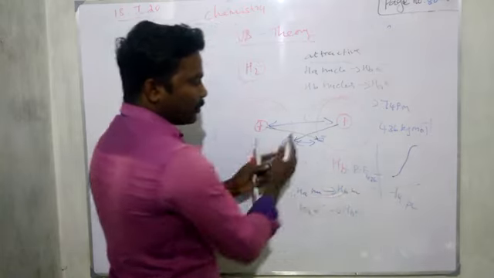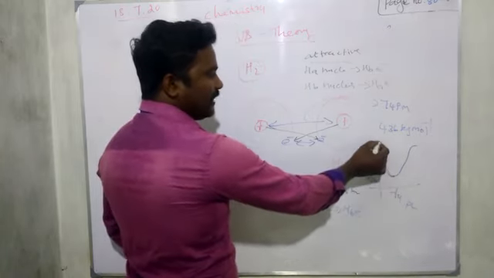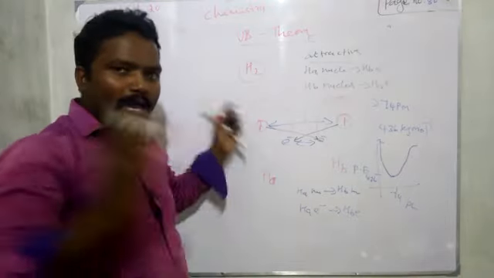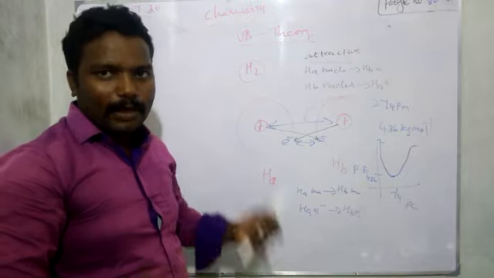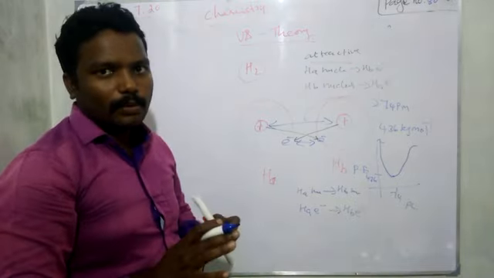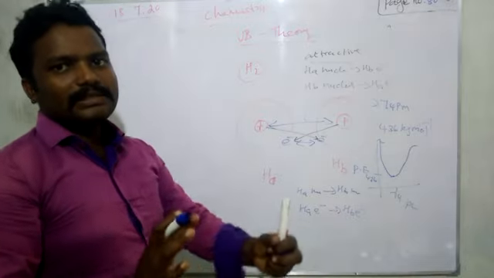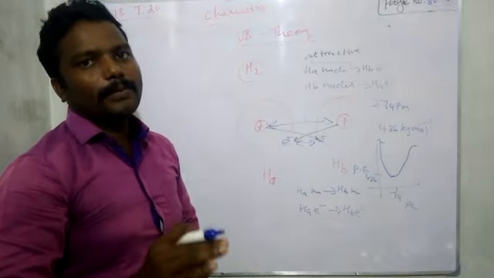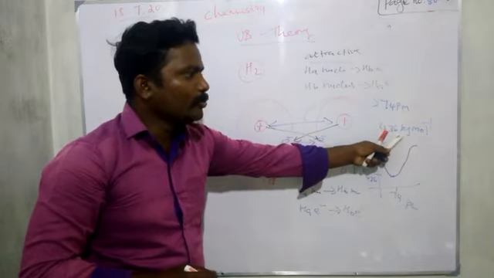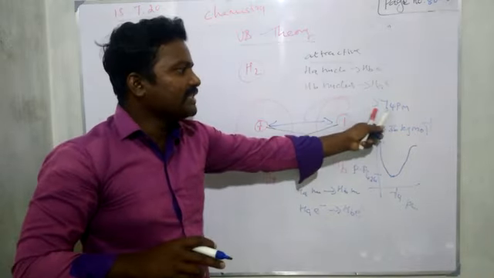Again if you go closer, the potential energy will increase, they will repel each other. When they are far away there is no repulsion, no attraction. When they go closer, repulsion will come. So when we keep the correct distance, it will form a stable molecule, with 436 kilojoule per mole energy and 74 picometer.